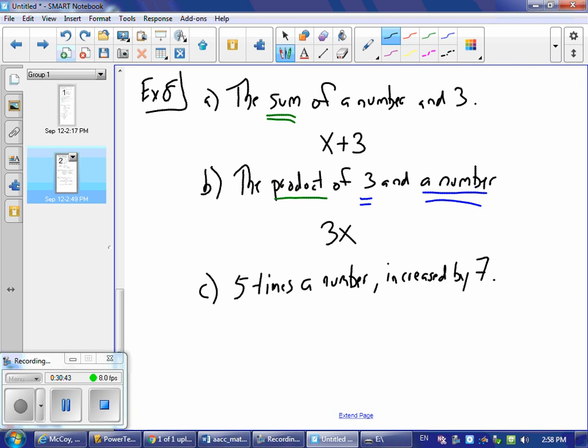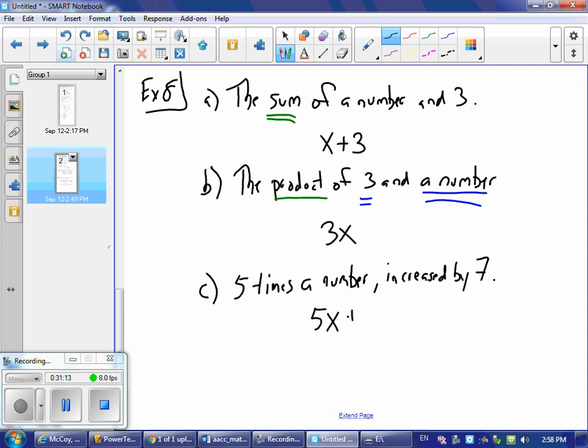The comma there actually is going to be a big indicator as to what we're going to do. It actually separates our sentence just like it would in English. 5 times a number, increased by 7. So that means I have to do everything up to the comma first. Then I can do what's after the comma. So 5 times a number, that again a number is x, so that should just be 5x. After the comma now it says increased by, which means to add.